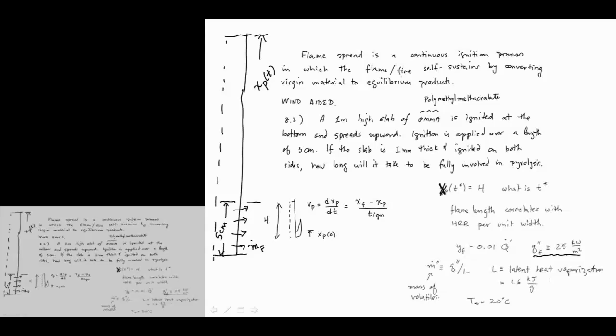And so there are correlations like this, and you'll see this in Quintiere, that says that the flame length is proportional to the heat release rate, for example, per unit width. So what this requires us to do is to model this heat release rate. So HRR is heat release rate.